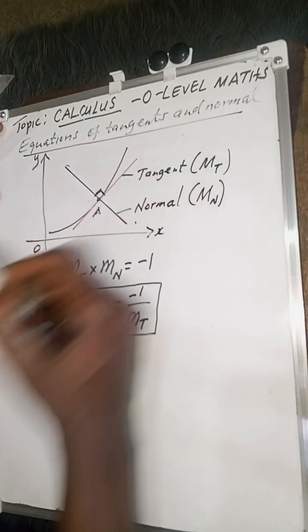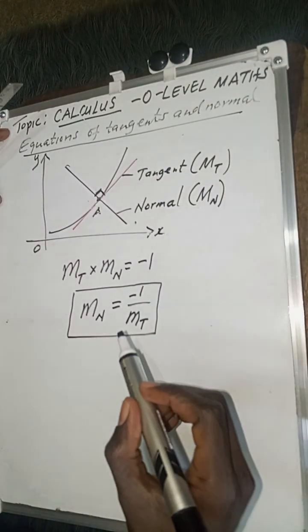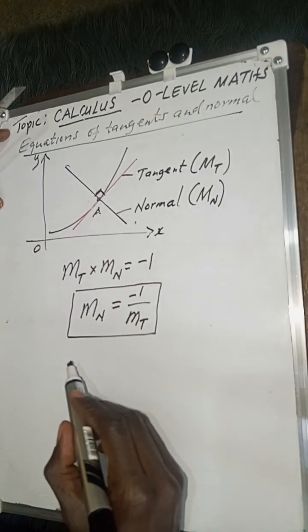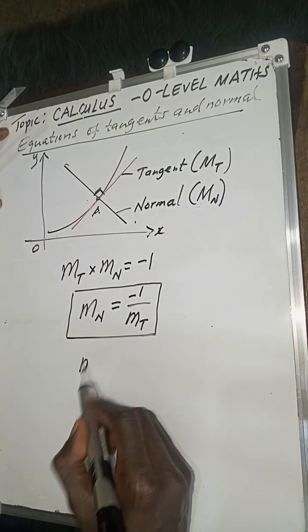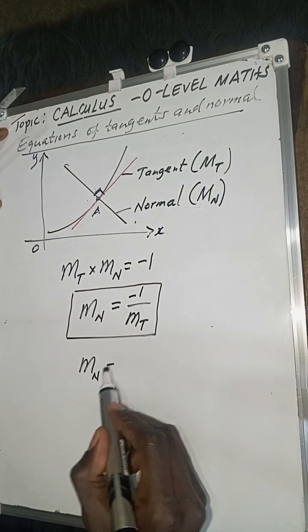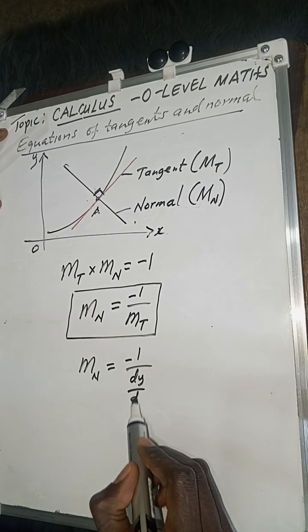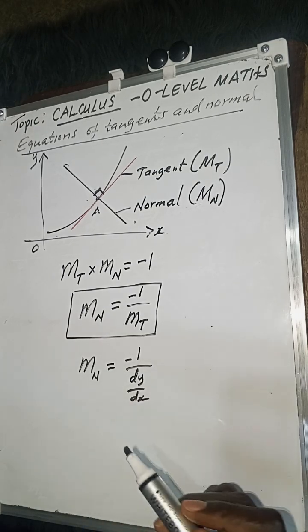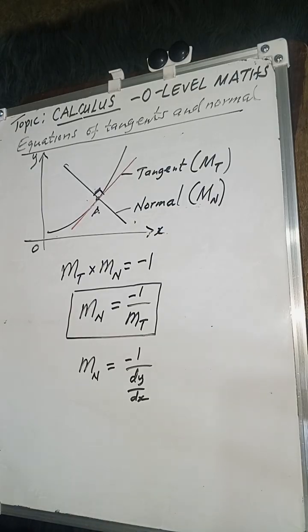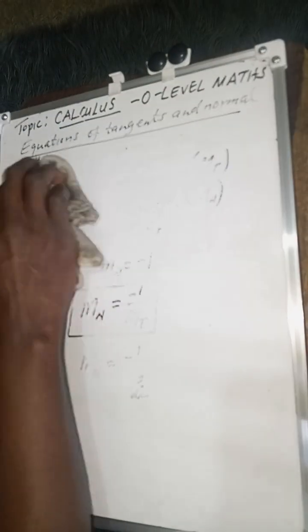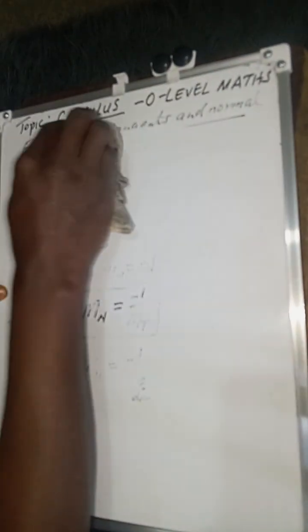Now remember, when you're dealing with a curve, the gradient is simply given by dy over dx. So we could modify this and say the gradient of the normal is simply -1 divided by dy over dx. That's what we mean there. So there's nothing really complicated about that. Okay, so we are going to apply this concept in just a short while. You'll be able to see that.